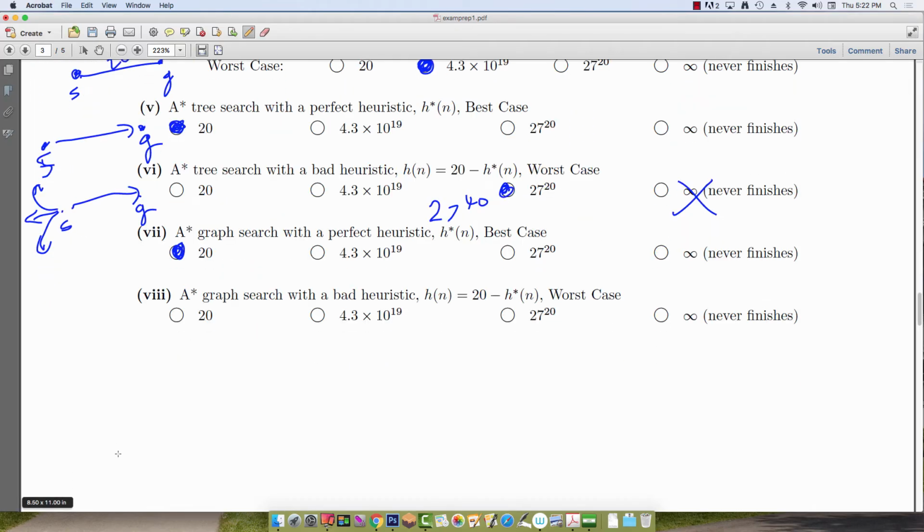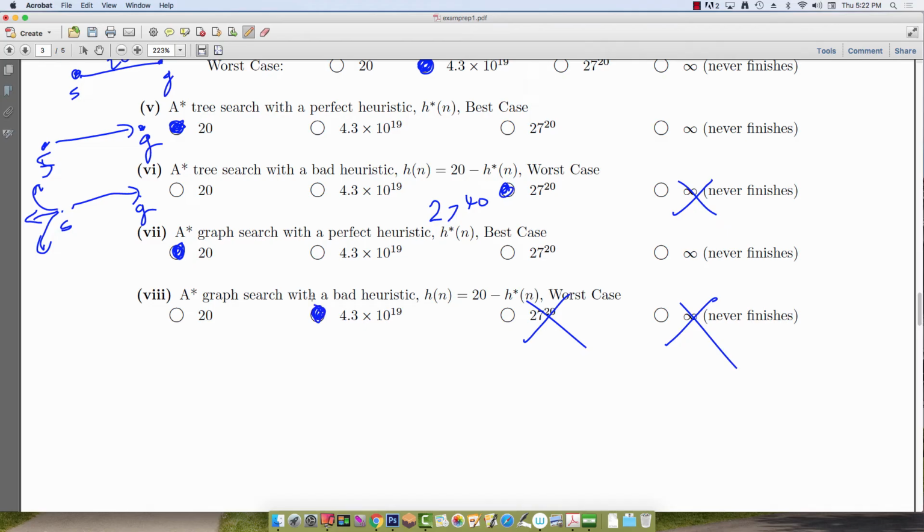A-star graph search with a bad heuristic. In this case, again, it can't be infinite. Normally it would be 27 to the 20. However, we can't visit the same state twice, and we know that the number of states is going to be 4.3 times 10 to the 19th. And in the worst case, it just visits every single state.